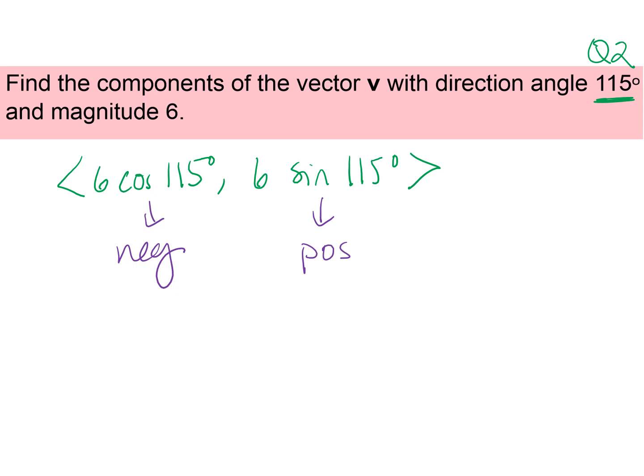So again, feel free to type it in, but I know that this is going to be a vector whose horizontal component will be negative and the vertical component will be positive, just based on the directional angle of the vector.